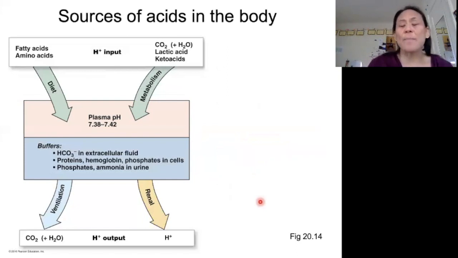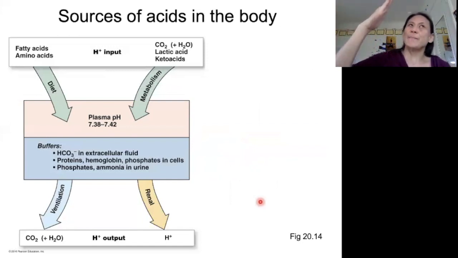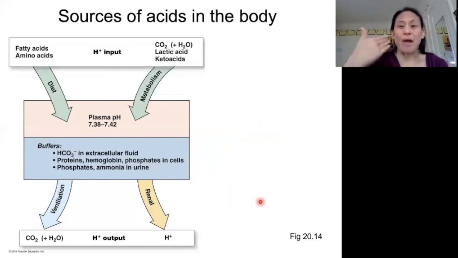All right, so let's start by looking at sources of acids in the body. So again, remember, we want to match our input of acids and bases to our output of acids and bases. So, sources of acids in the body, we have two main sources.